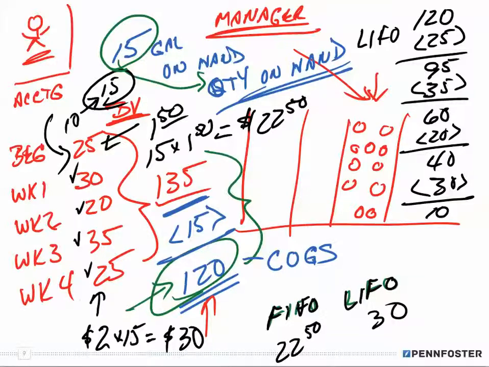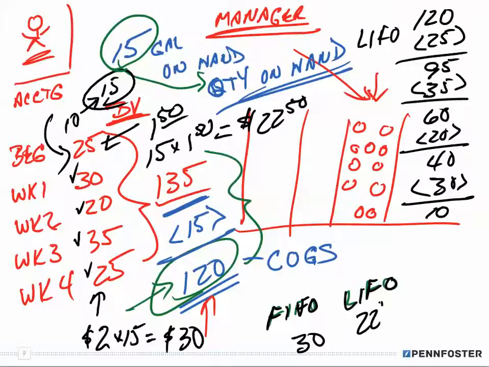Okay, and that's what we kind of expect, because with FIFO we're taking the first ones out. Oops, I'm sorry, I got that backwards. Using FIFO, that's $30, and using LIFO, that's $22.50.